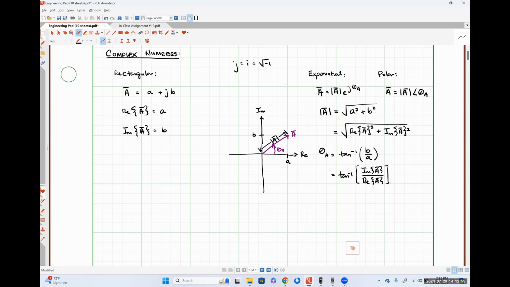So in terms of magnitude and angle, the real part of complex number uppercase A would be lowercase a, and that is the magnitude of A cosine our angle, and b is just going to be the magnitude of A sine our angle.